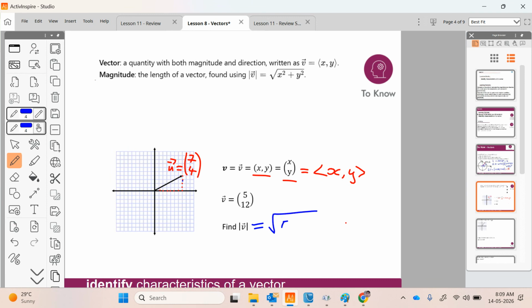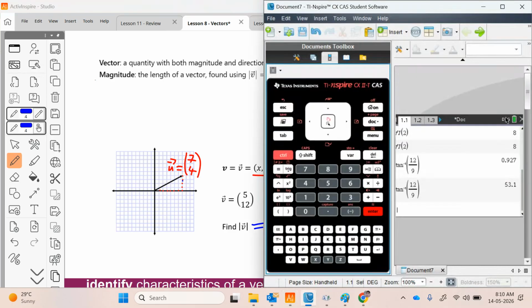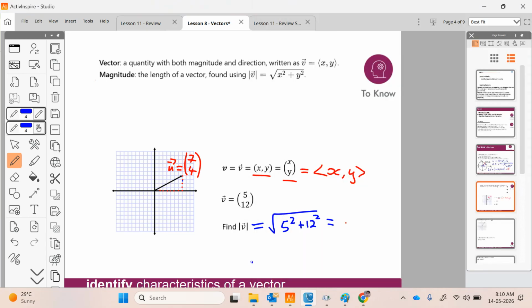We need 5 squared plus 12 squared. Have a go with that on your calculator. I'm just going to try it here myself. 5 squared plus 12 squared. Control Enter. 13. So this is equal to 13. That would give us the magnitude of vector v.